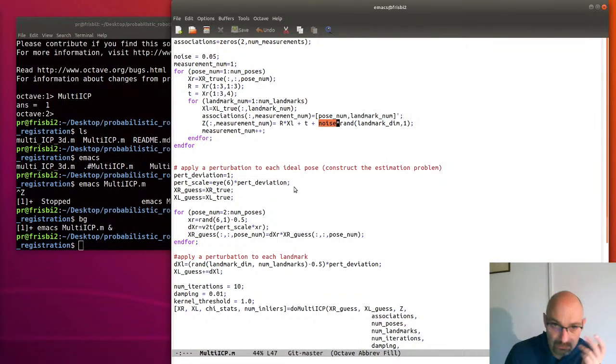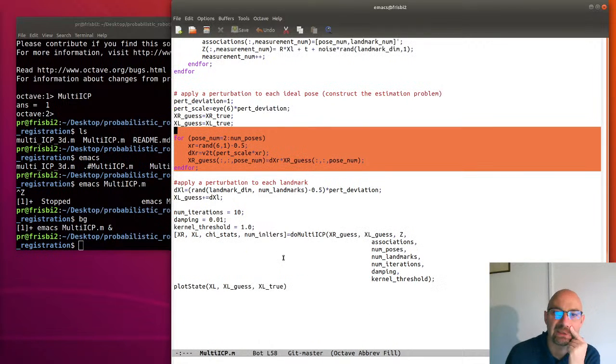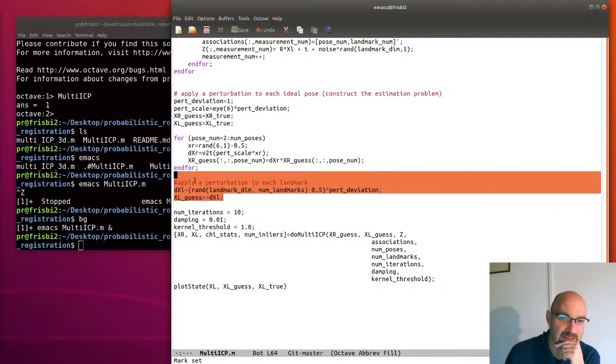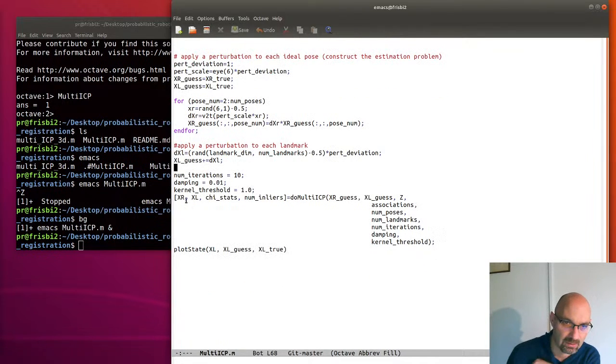Finally, we also apply a perturbation to each robot position, just to say that we do not start at the global optimum. Otherwise, everything would be easy. So we shuffle our things. And similarly, we also ruin our state by perturbing every landmark. We need to do this acting on the guess variable, because otherwise we would start at the optimum and there's no reason to conduct any sort of optimization.